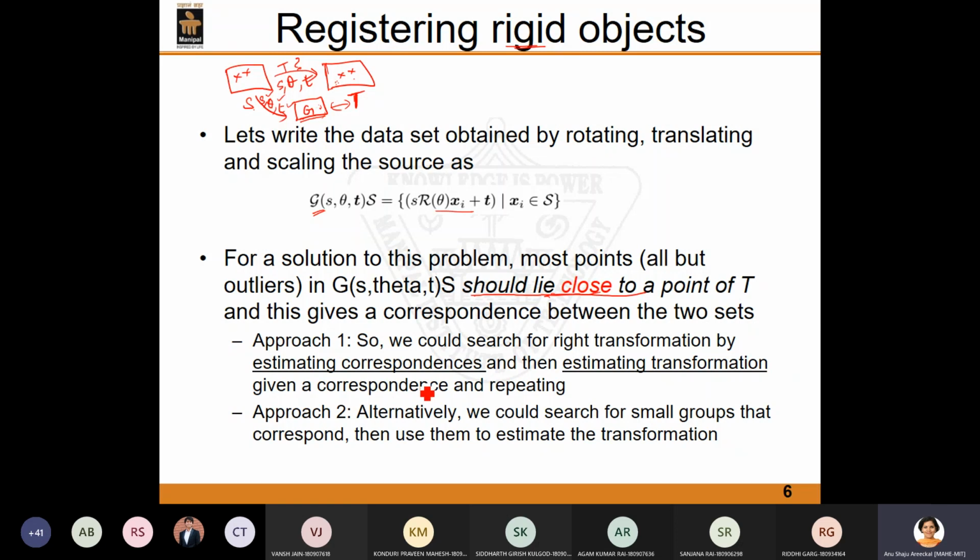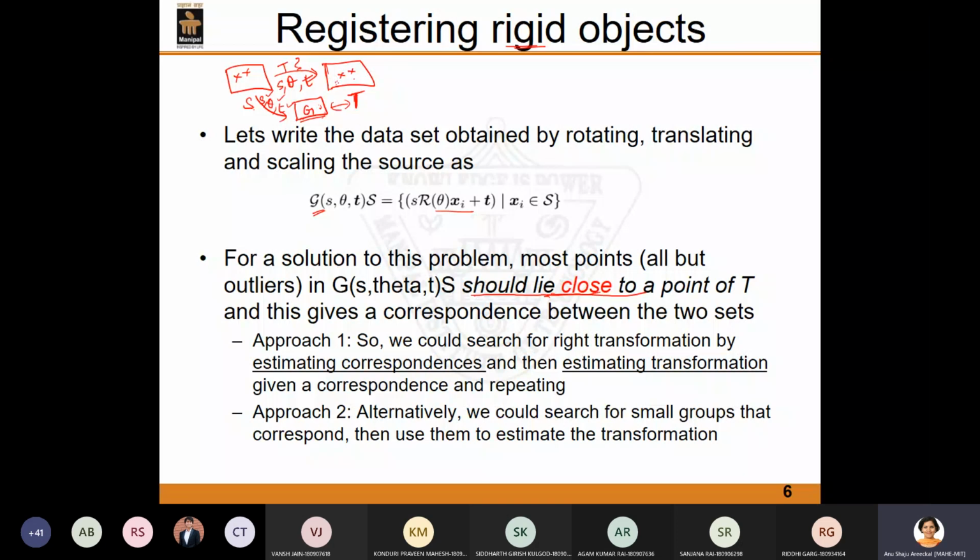As I said, we do not assume that there is a one-to-one correspondence between all the points in the source and the target, or basically the G set and T. There might be some points present as outliers.